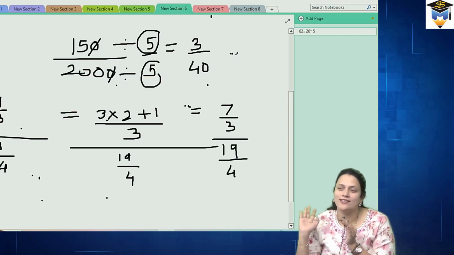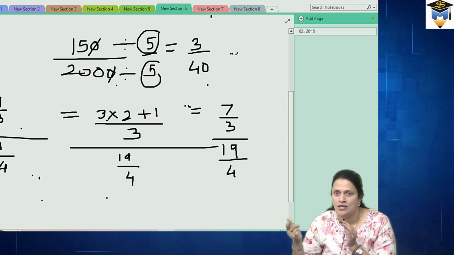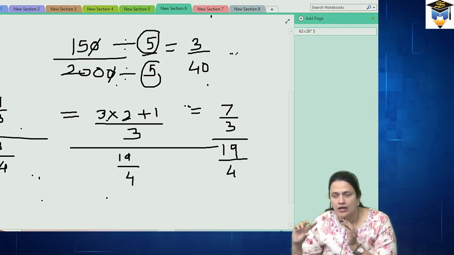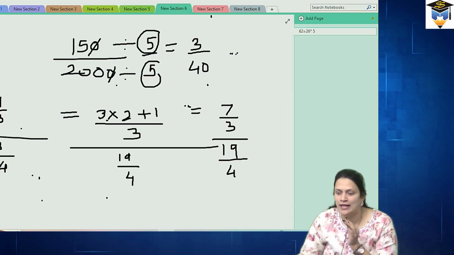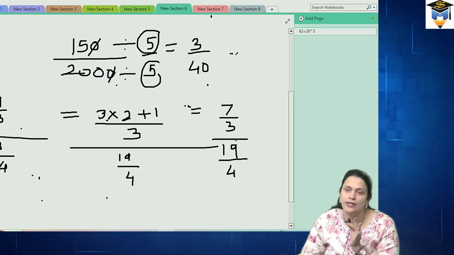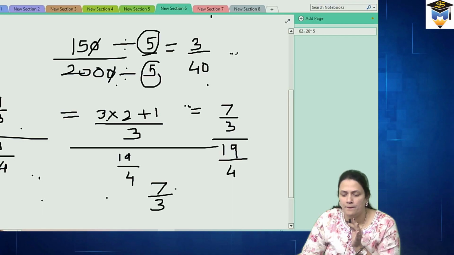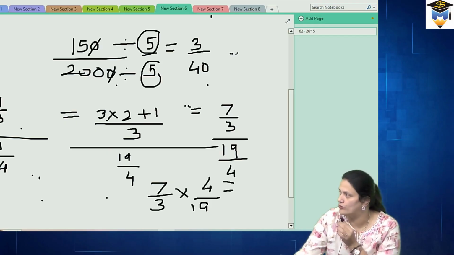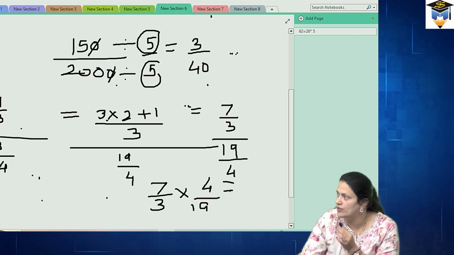So now how will you take the ratio? The denominator part, convert it to its reciprocal so that this division gets converted to multiplication. So what I'm going to do: 7 by 3 multiplied by 4 upon 19. So what's the final answer? What is the ratio?